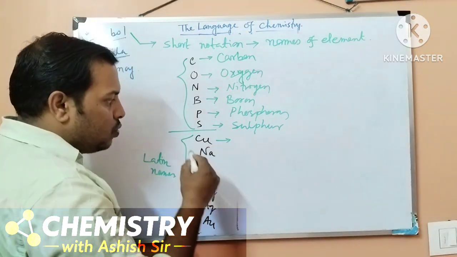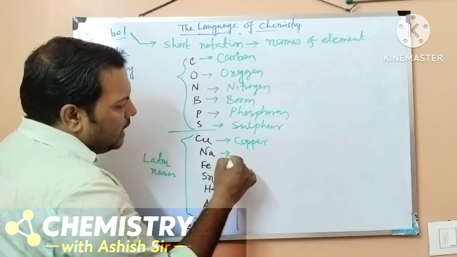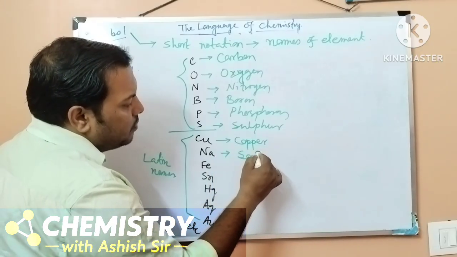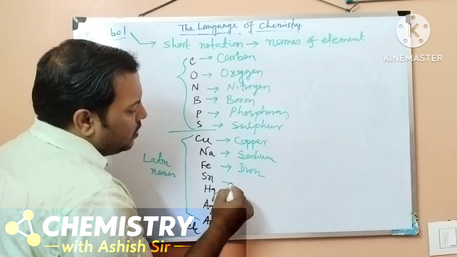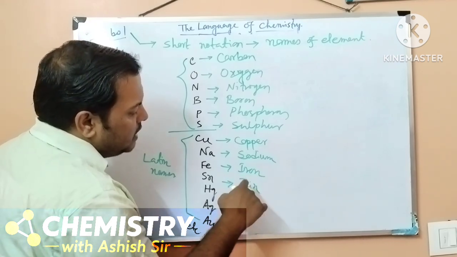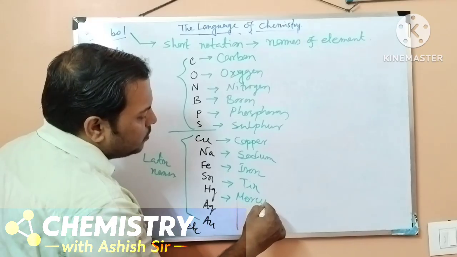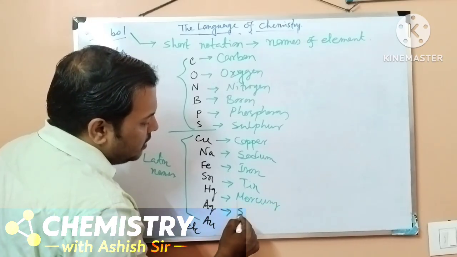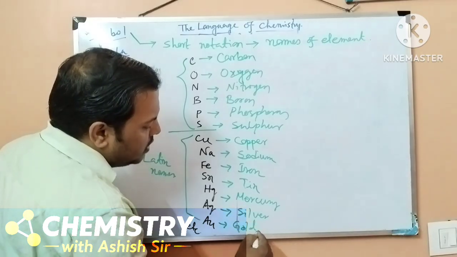Now whenever you are going to Cu, it is copper, COPPER. Na, it is sodium. Fe, it is iron. Sn, it is tin. Hg, it is mercury, Ag, silver, and at last Au, it is gold.